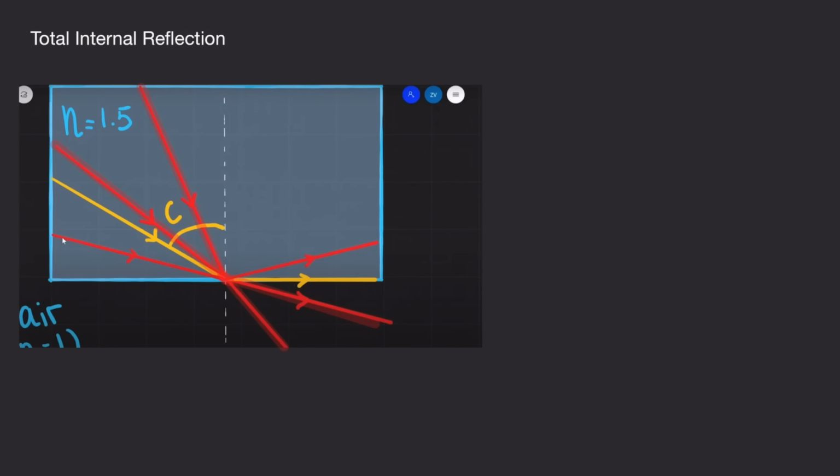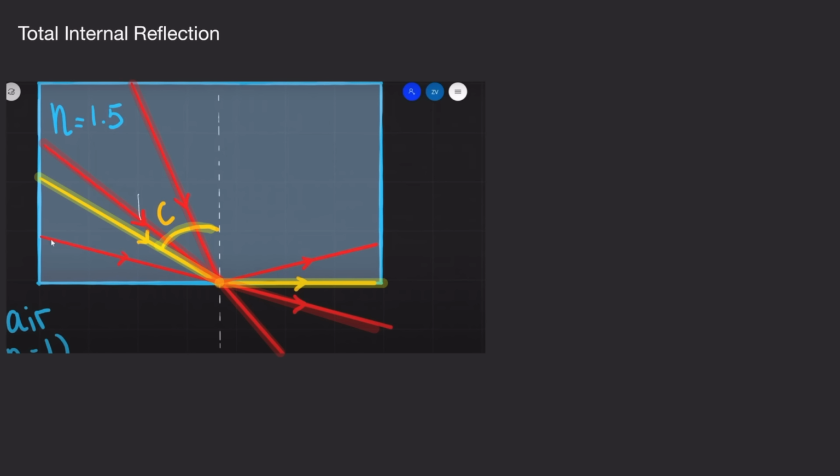But if we take a special path, which is going to correspond to this special angle to the normal, then we're going to emerge exactly parallel to the boundary. And this angle of incidence is known as the critical angle.